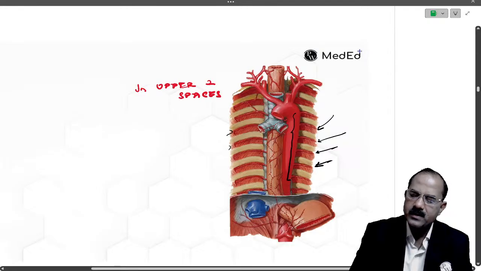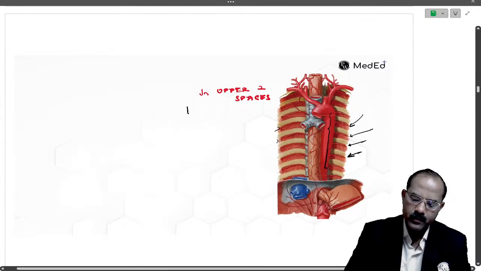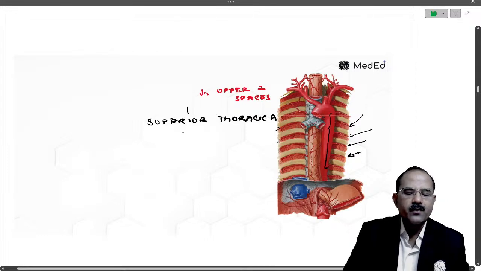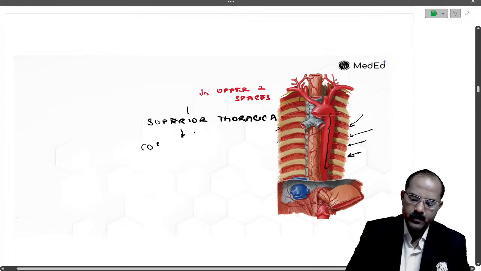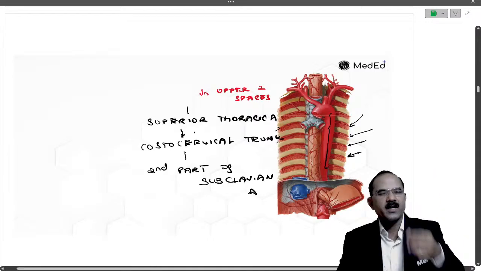In the upper 2 spaces, these are branches of the superior intercostal artery, which is a branch of the costocervical trunk, which is a branch of the second part of the subclavian artery.